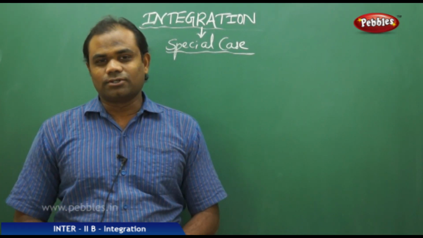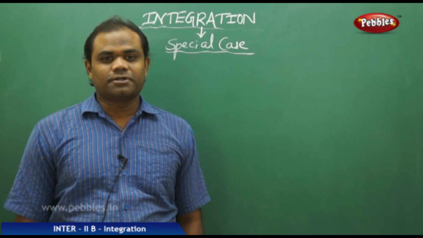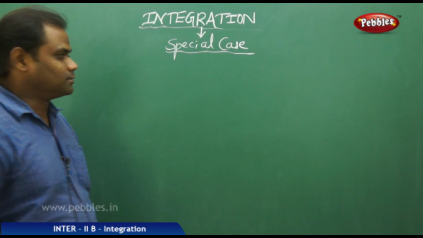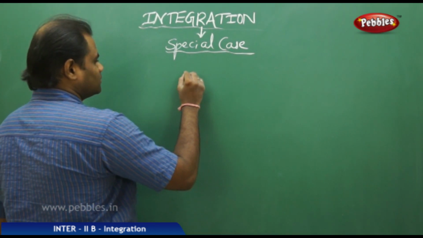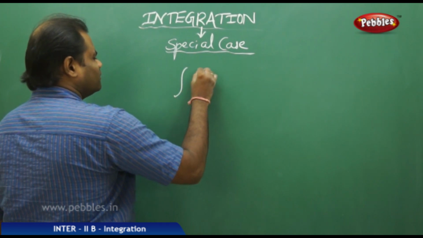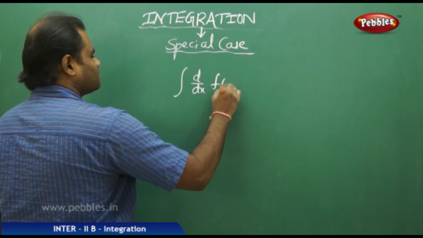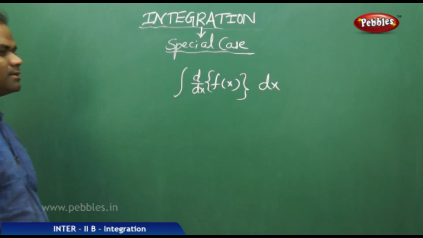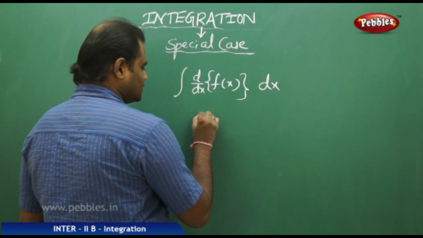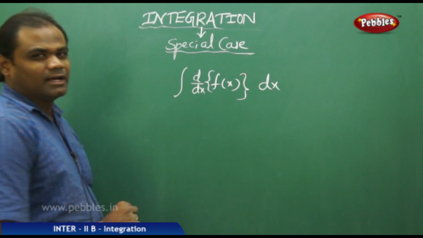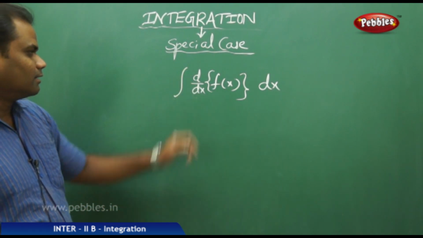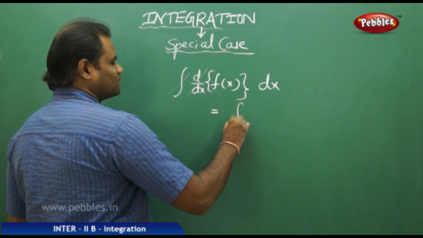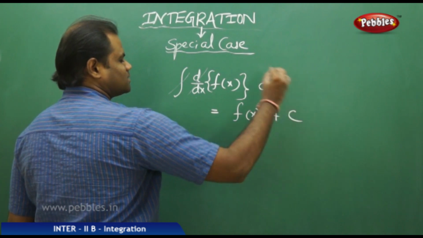So now that we have understood integration as anti-differentiation, let's take a special case to connect differentiation with integration. That is, if I want to find the integral of d by dx of f of x over dx, then clearly I find that since integration and derivative are anti to each other, they get nullified. In general, these two get nullified, which gives us f of x plus c.